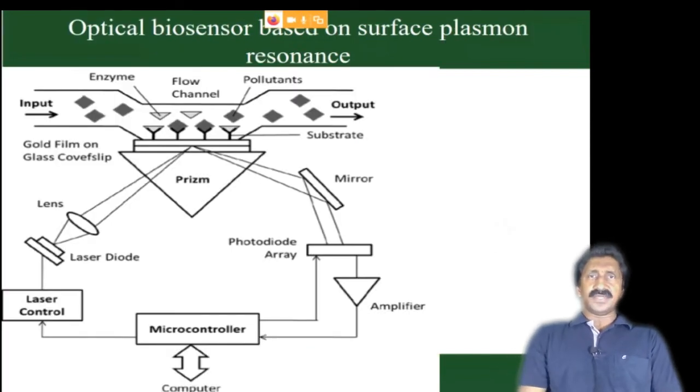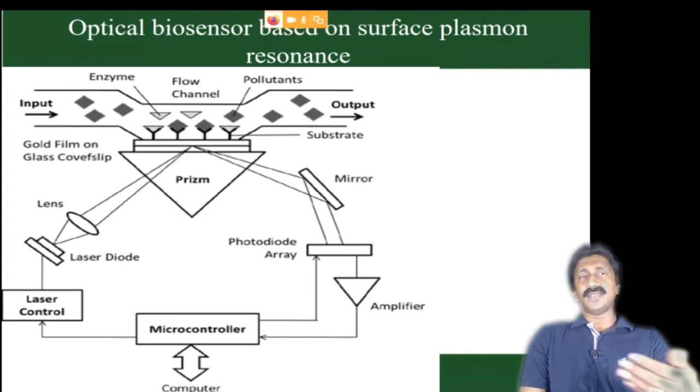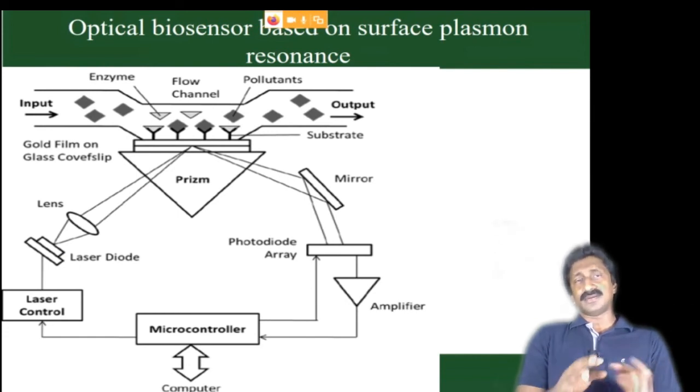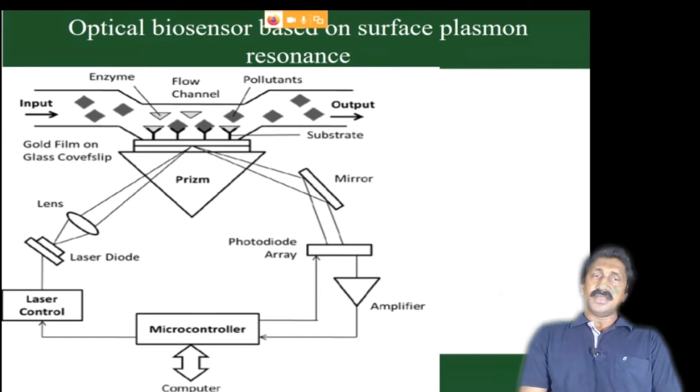So this is the optical biosensor based SPR, a schematic for that, in which there is a laser diode which passes the light through the prism, and there is a flow channel in which the analyte will flow through, and on the surface of the plate, which is a gold film on a glass cover slip or something, on which the receptor or substrate is attached, and the analyte will interact with the substrate, and this will result in a change in the surface plasmons, and that will deflect the light, and the corresponding output will be received by the photodiode array, and the amplifier will pass that to the microcontroller and the computer.